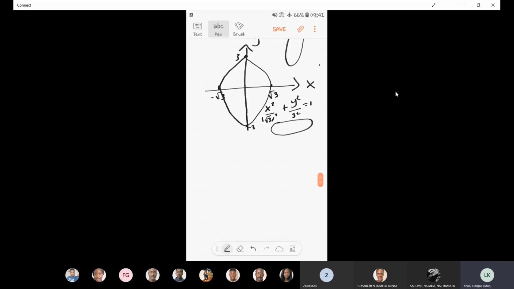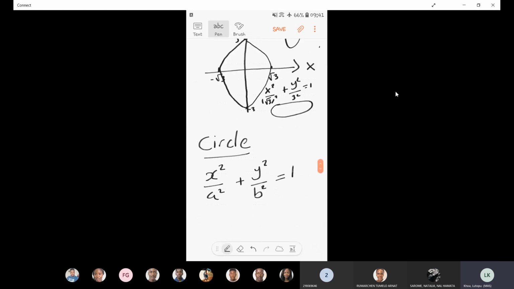Then the circle, like I said, the circle is just an ellipse where a and b are equal to 1. Because with an ellipse, let's start, this is a circle. With the ellipse, you have x squared over a squared plus y squared over b squared, and this is equal to 1.